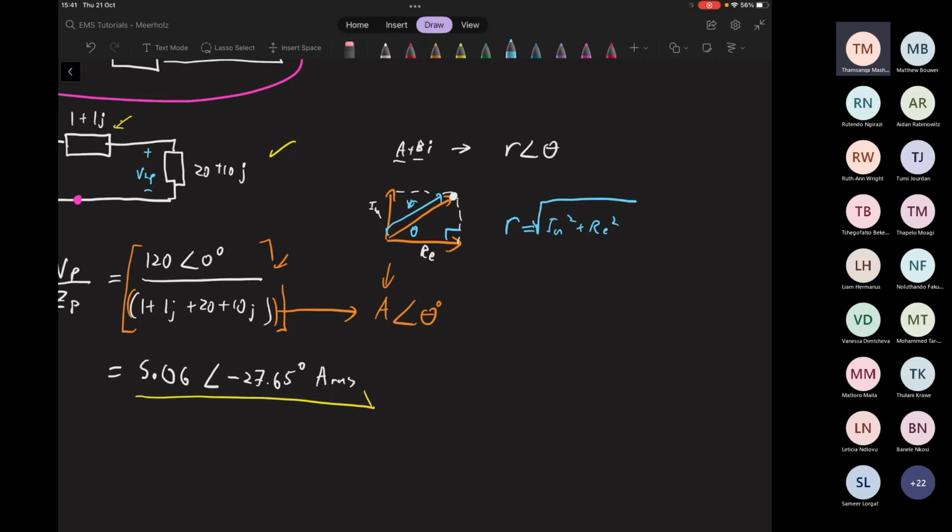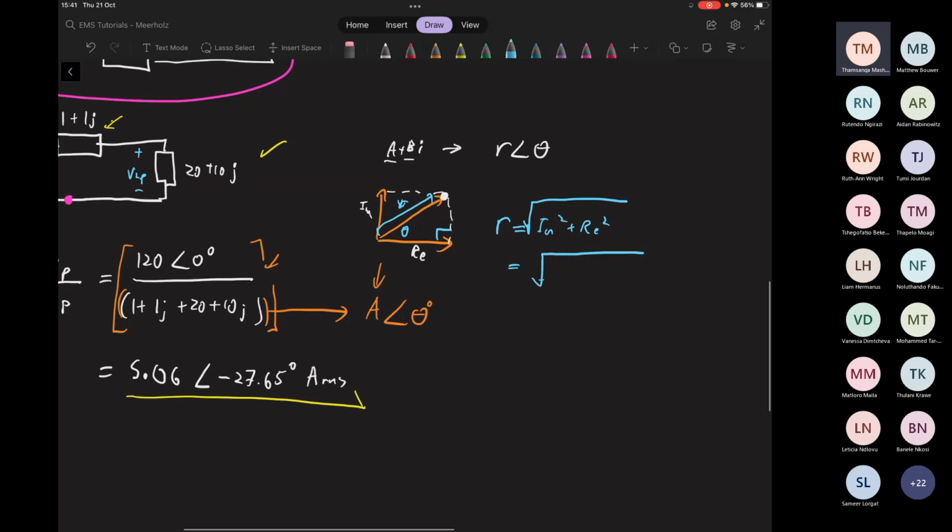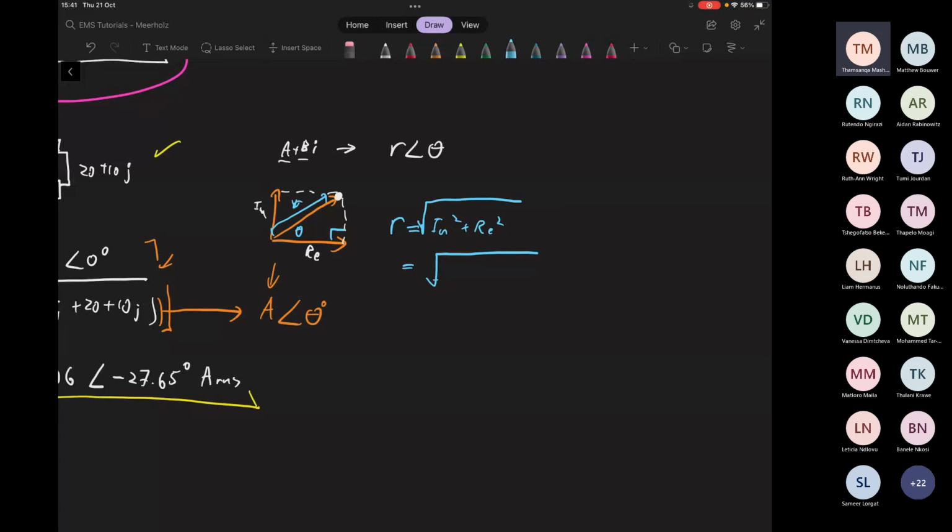I'm just recapping all of this very quickly because I'm not surprised if some people don't know what's happening. They're just learning formulas, so hopefully this will give that context. I'm sure for some this is just too easy. But yeah, so that becomes the square root of imaginary squared plus real squared.